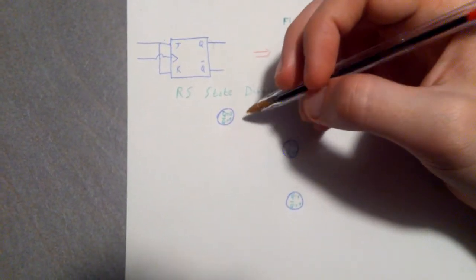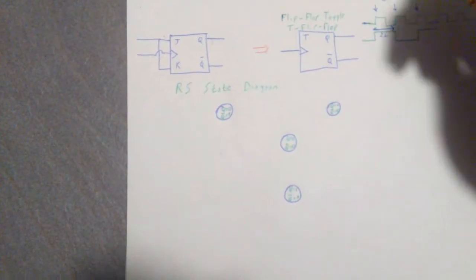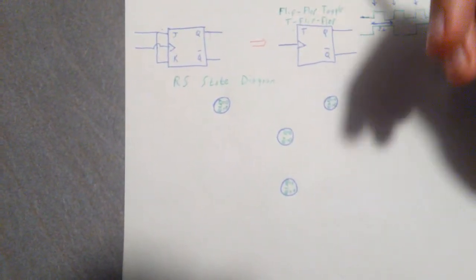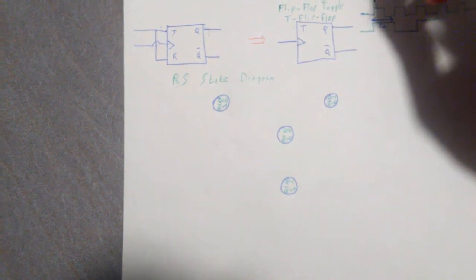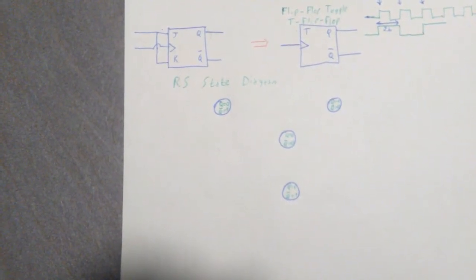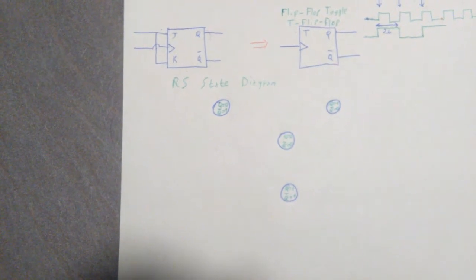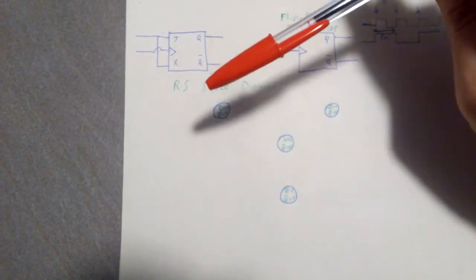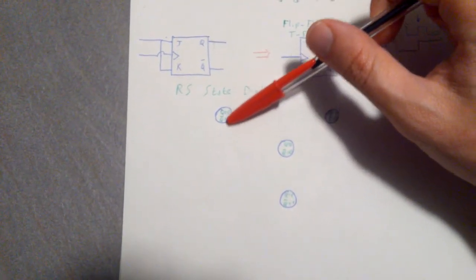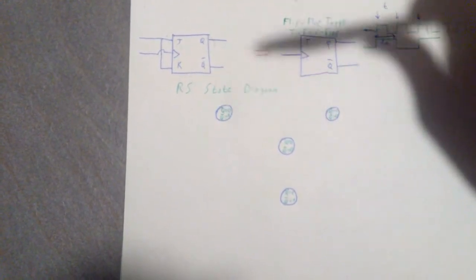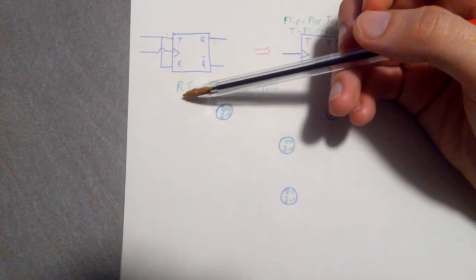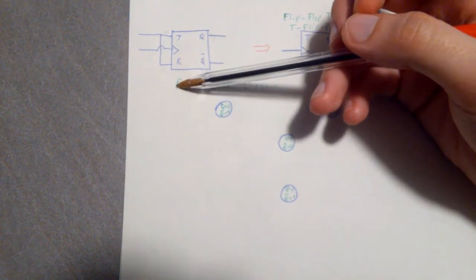Basically, you can take an RS latch that we have been talking about before, and you can see what the states are based on the output Q. Please remember that this is what we call a set and reset.